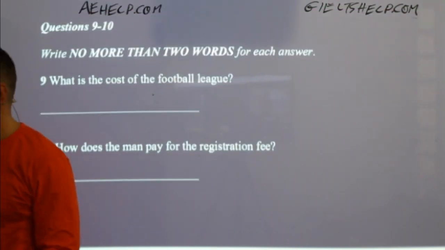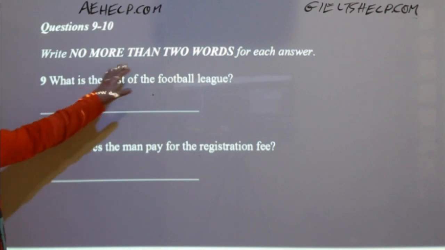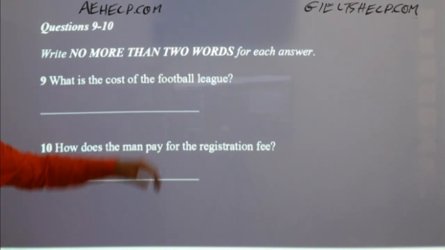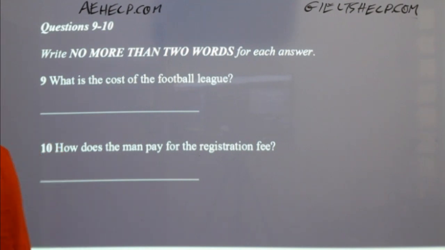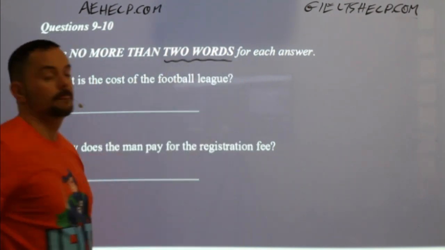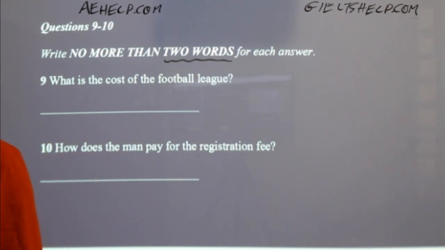Okay, questions 9 and 10. No more than 2 words. What is the cost of the football league? So how much does it cost? Again, pay attention to no more than 2 words. Nirmaljit, same important point as for 40 minutes, right? Harminder, Dinza, much better.